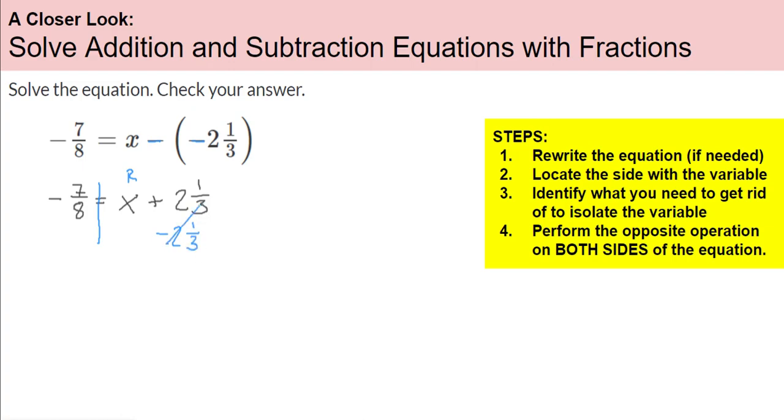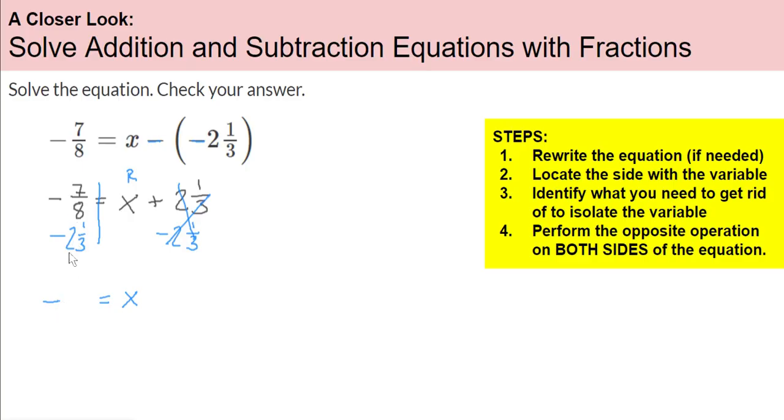So they cancel out, and I'm going to subtract 2 and 1/3 from -7/8 as well. That means I'm left with x equals, and remember I have a negative and a negative, same sign, so my answer is going to be negative.